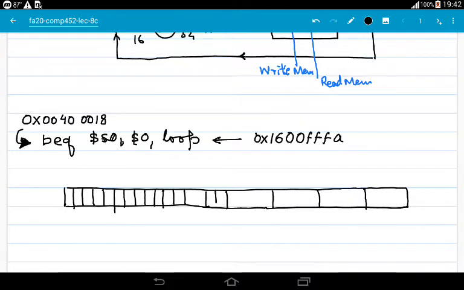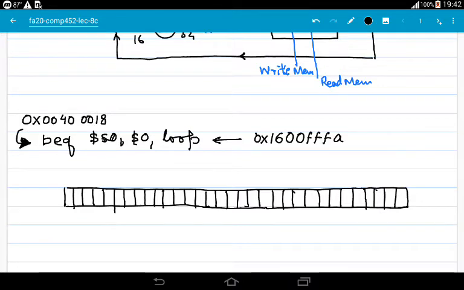That would have saved me some time here. But anyway, let's draw it, because we want to be very clear about this before we start adding hardware blocks.